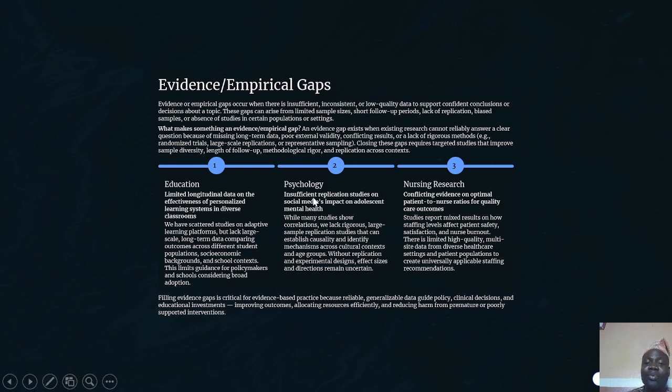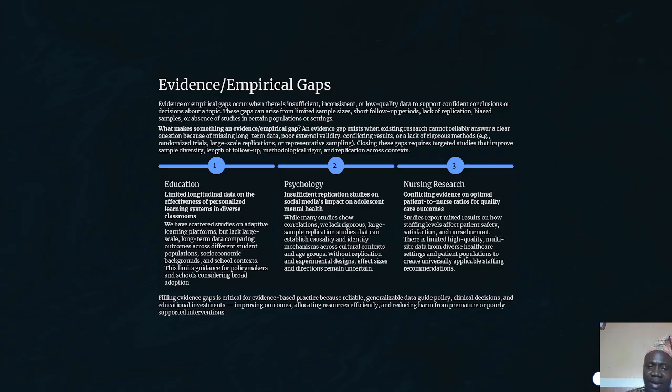We can also have insufficient replications of study on social media impact on adolescent mental health. Look at this, I wrote there. Let's say this is the gap you have identified. You could write that while many studies show correlations between adolescent mental health and social media, we lack rigorous large sample replication study that can establish causality and identify mechanism across cultural context and age group.